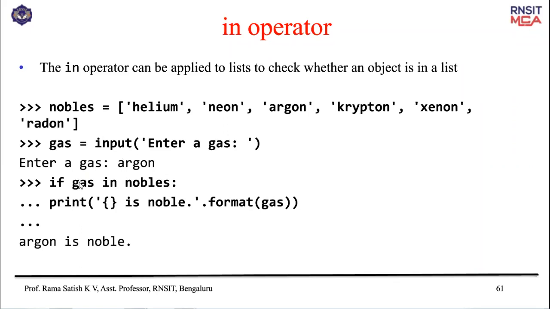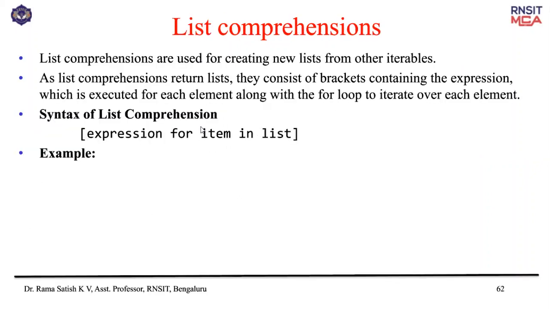If argon is present inside the noble gas list, then you can print that the gas name, whatever you have entered, is a noble gas. So this is one simple example that I have given.